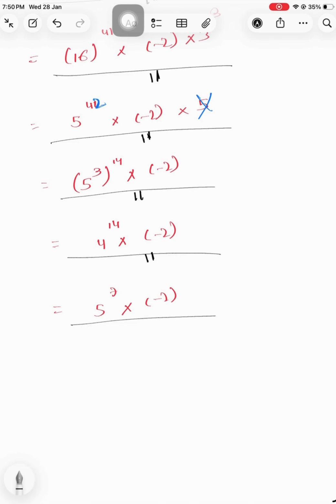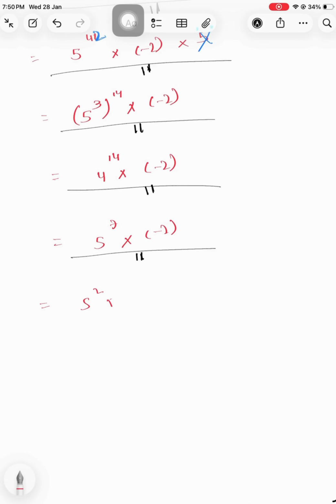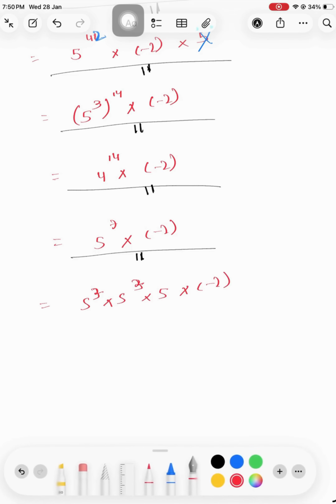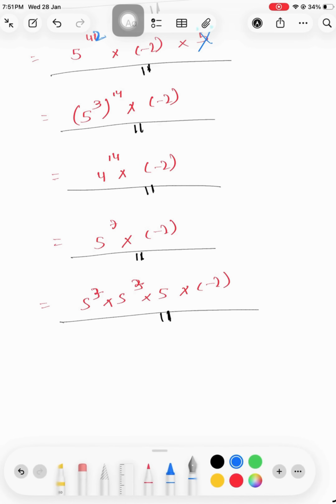So this is 5 raised to the power 7 into -2 upon 11. And further, there are two 5 cubes and one extra 5 into -2 upon 11. So every 5 cube yields 4 as the positive remainder.